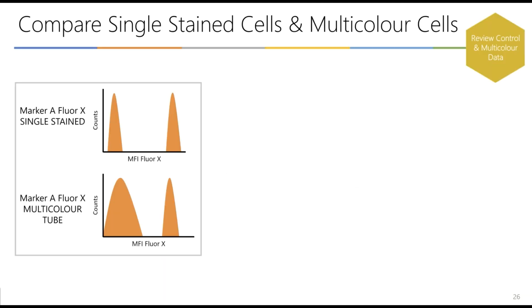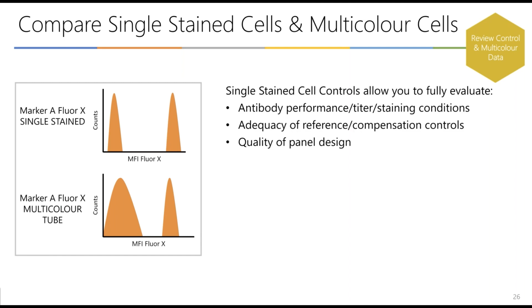The purpose of the single stain cells can be twofold in your assay development. One, not only can they be used as a single stain reference control, but they can be used at the point of evaluation to allow you to assess antibody performance, titer, and staining conditions. And they also enable you to assess the quality of your panel design.